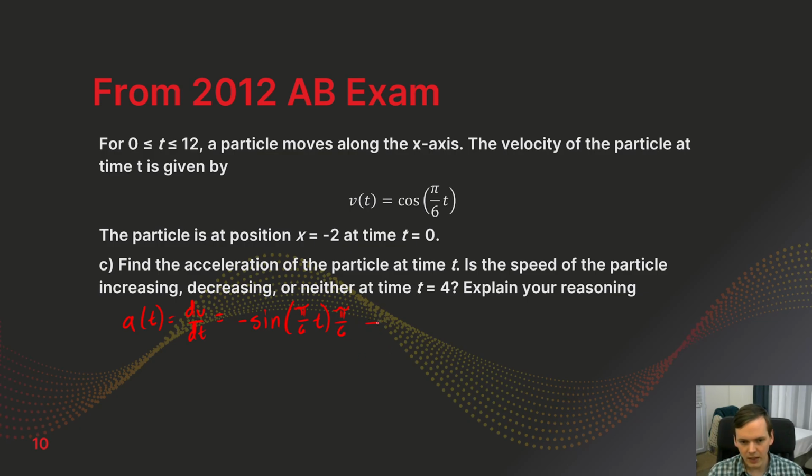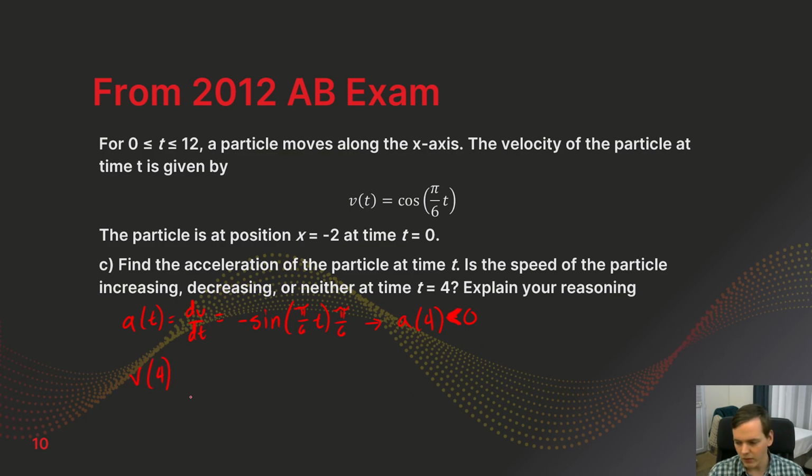And if we find a of 4, 4 pi over 6 is going to be in a region where this is less than 0, because all we care about is that it's negative.